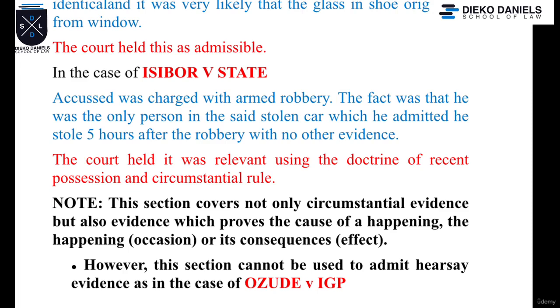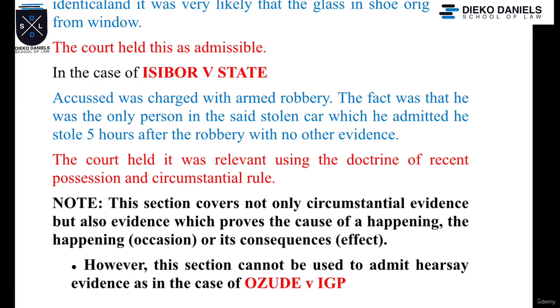Those three facts are admissible before the court. I know that I've been talking about the cause and the effect. Also note that you cannot be talking about the cause and the effect of something if you have not admitted occurrence A in evidence. Do you understand? Occurrence A must be before the court, and then the court will then admit what would cause occurrence A to happen and what would be the effect of occurrence A.